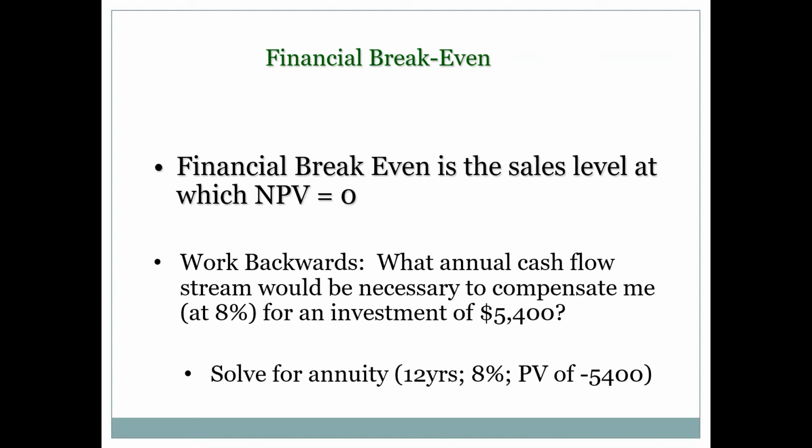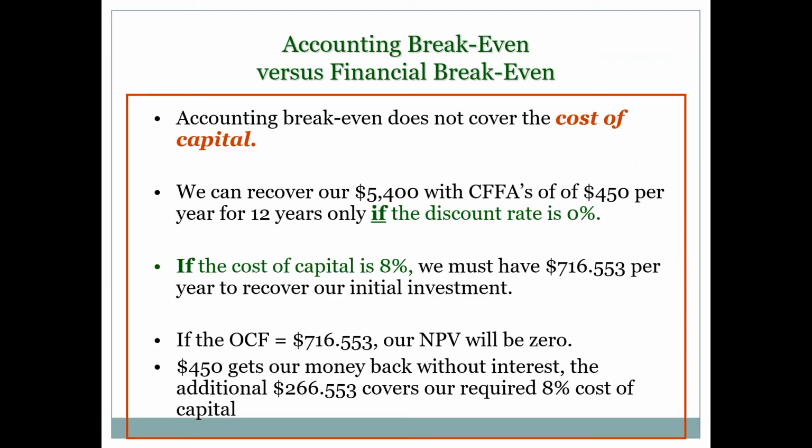So I solve for an annuity: 12 years, 8% interest rate, present value of minus $5.4 million, because that's a cash outflow, so it needs to be negative. That tells me the level of cash flows I need for the two to be exactly equal. When I do that, I calculate a cash flow from assets, and thus an operating cash flow, of $716,553.